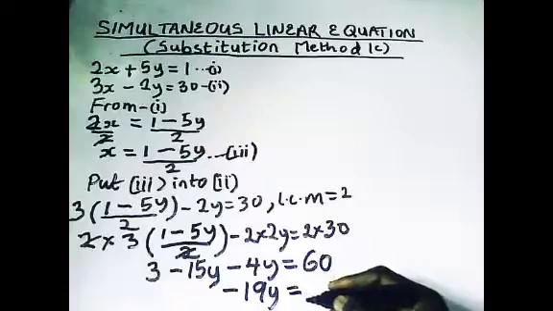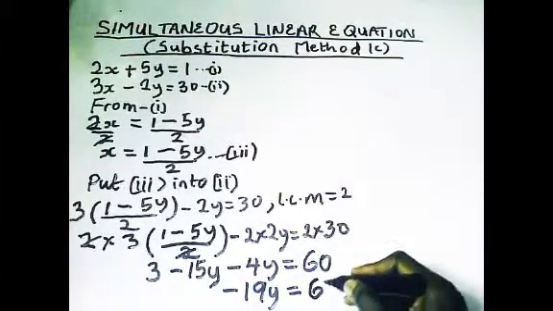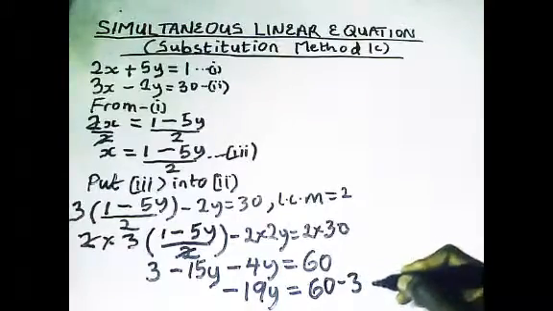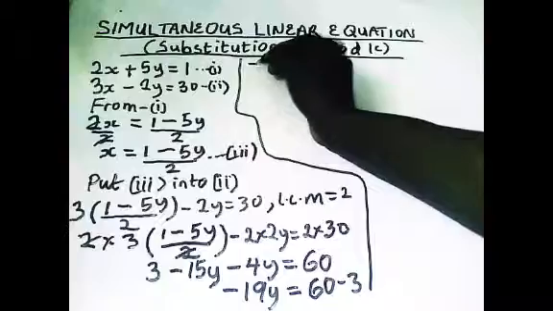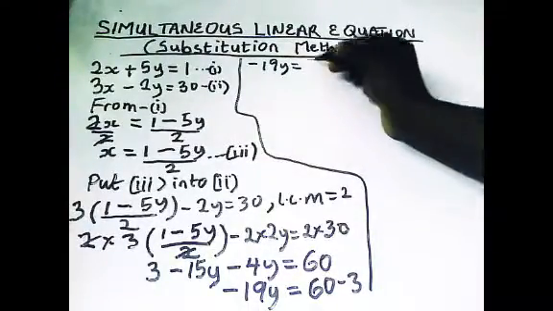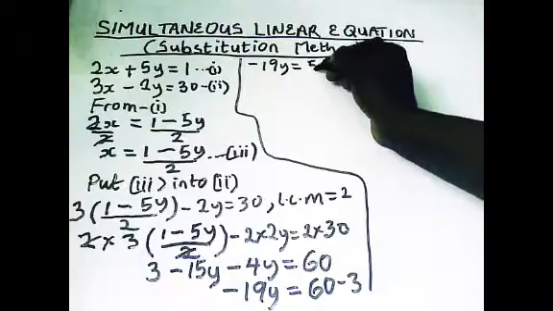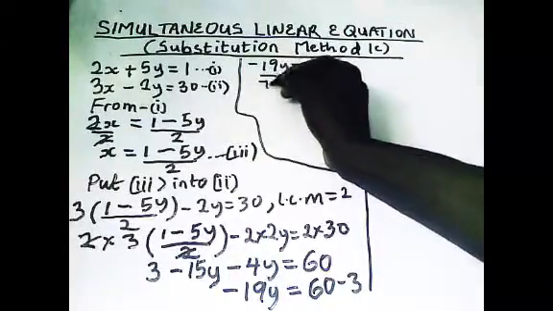And then this equals to, if we move this 3 to this place here, it gives us 60 minus 3. Now let's quickly take everything up here. So we shall have minus 19y equals, now 60 minus 3 will give us what? 57. At this point, what do we do? We divide both sides by minus 19.